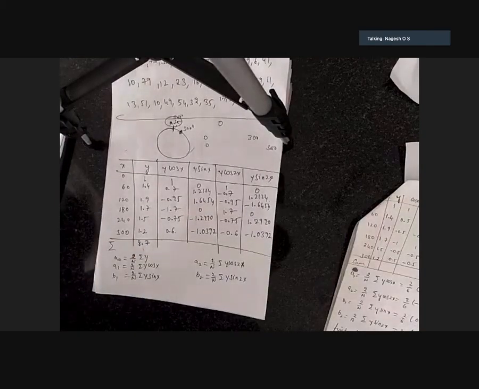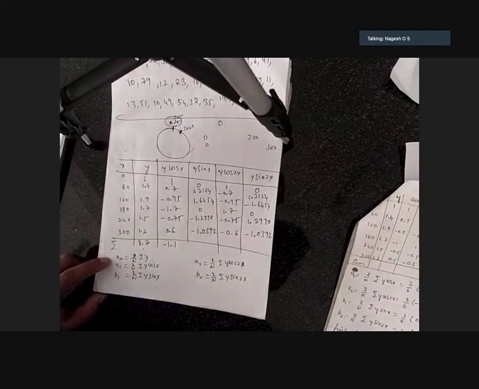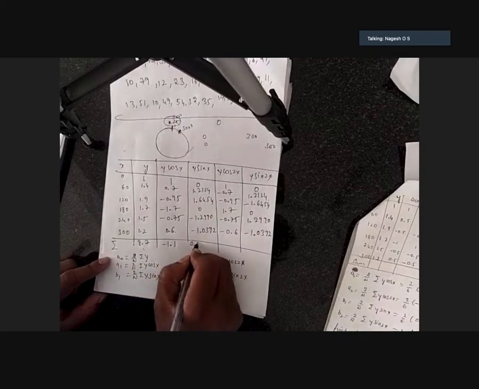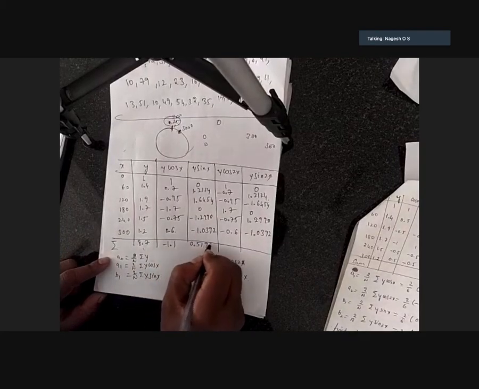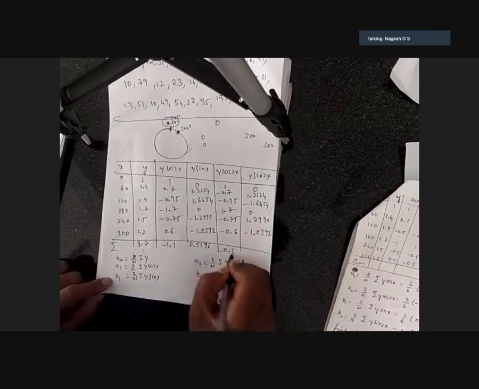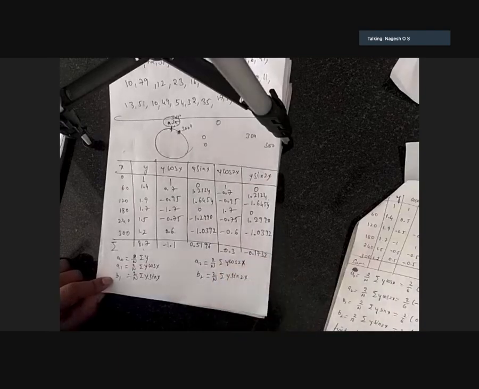Y cos x, you will get minus 1.1. Y sin x, you will get 5.196. Y cos 2x, you will get minus 0.3, and y sin 2x minus 1.732. This much you will get.